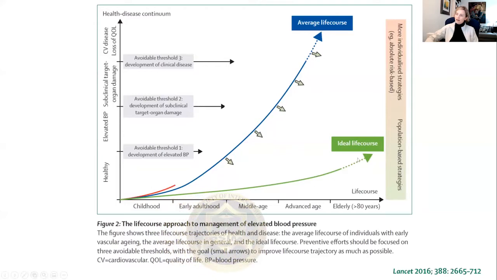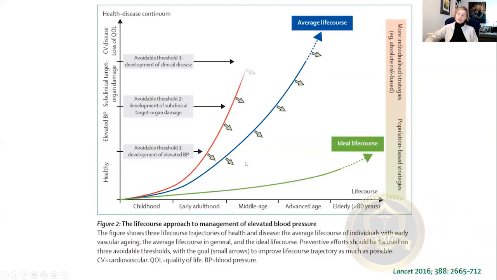So we all want this ideal life course reaching 80 plus years while still being healthy. But we typically see in most of the population that we have this average life course where we really at middle age and advanced ages already have organ damage, clinical disease development.